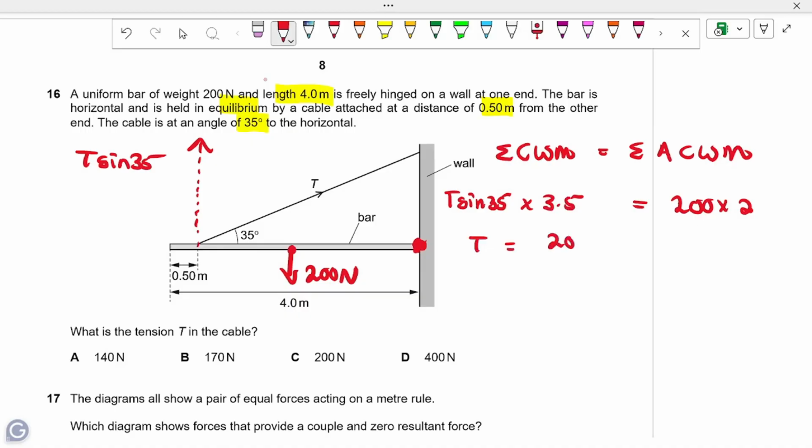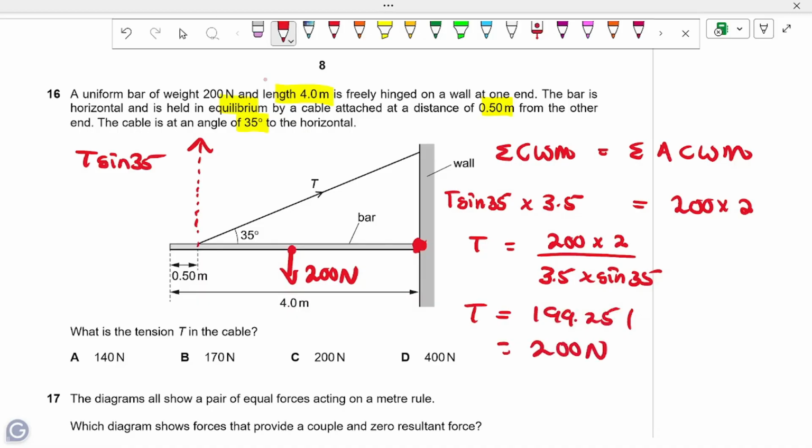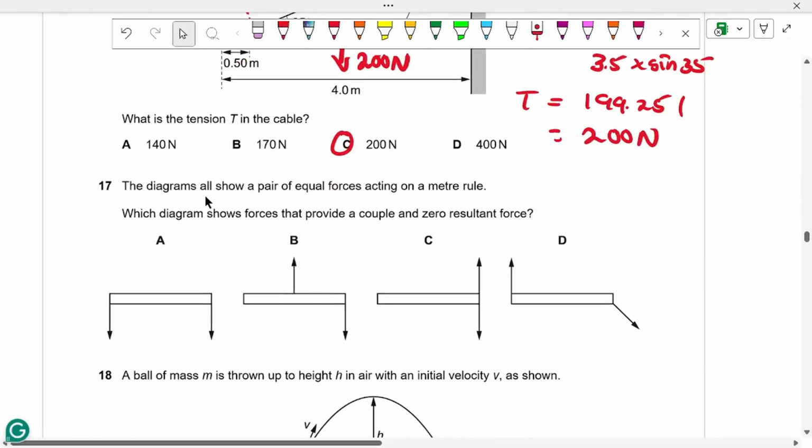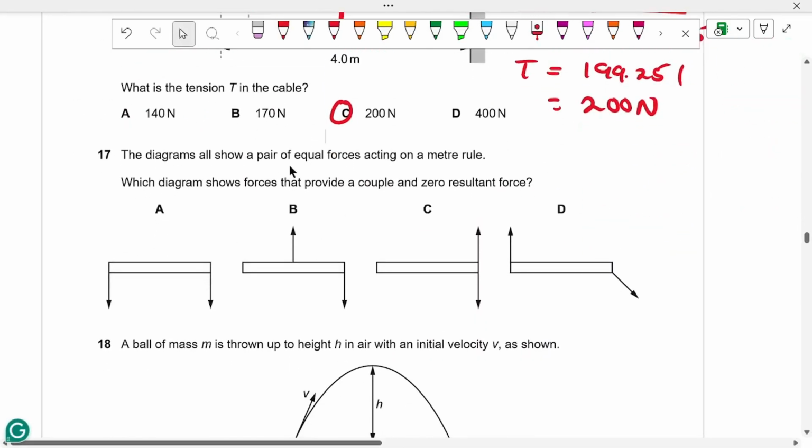So my tension is going to be equal to 200 times 2 divided by 3.5 times sine 35. So I'm going to have a tension equivalent to 199.251, roughly 200 newtons. So the correct answer is going to be C. Hope that makes sense.